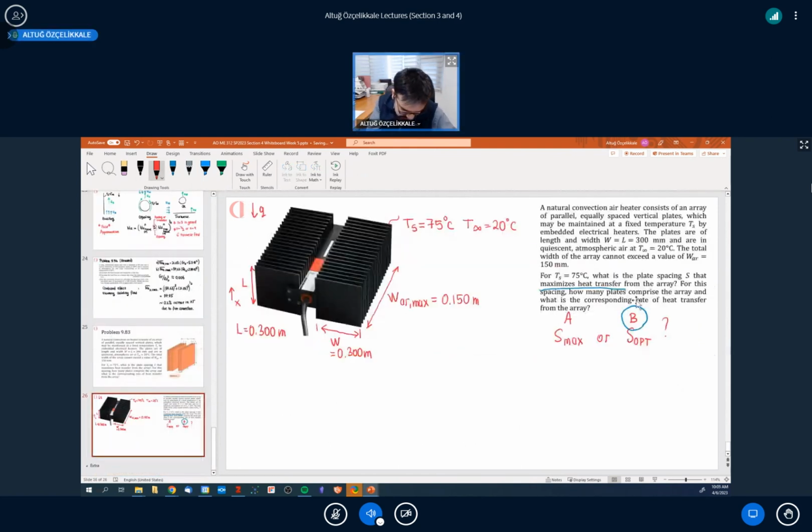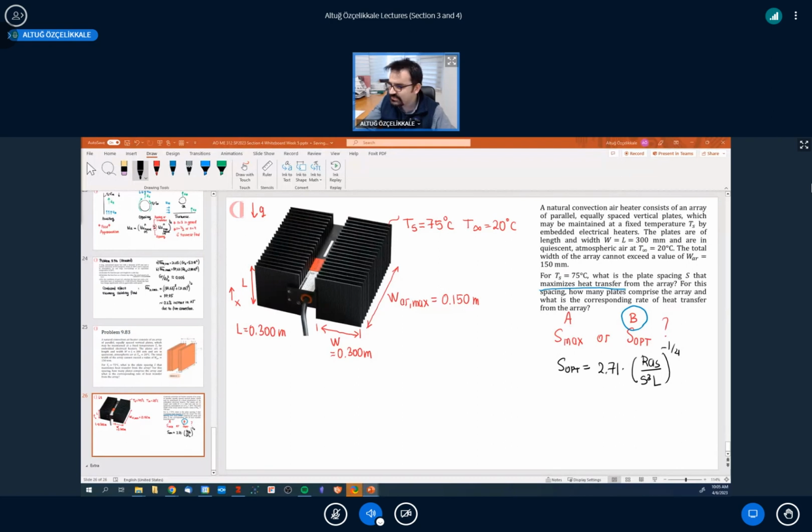Let me write it down over here. S optimal is going to be 2.71 times Rayleigh number based on S cubed multiplied by L, raised to the power of -1/4. So that's the equation we are going to use.